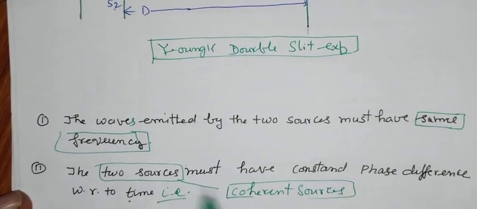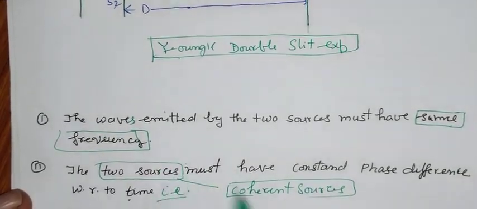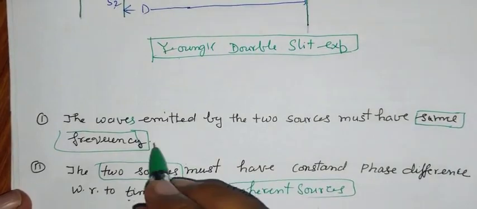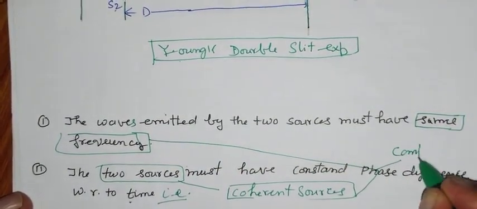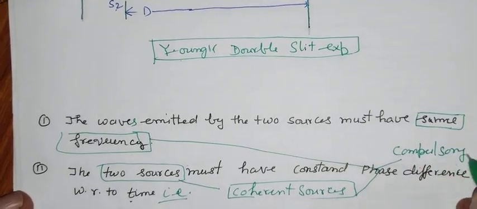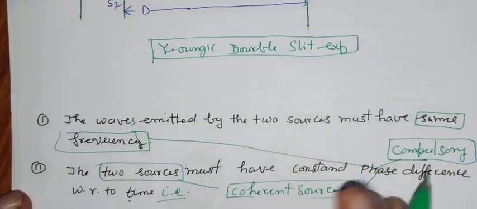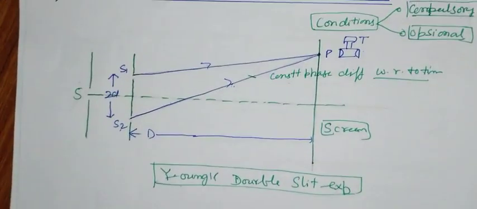So the same frequency and coherent sources, both are compulsory conditions to produce the phenomenon of interference pattern.